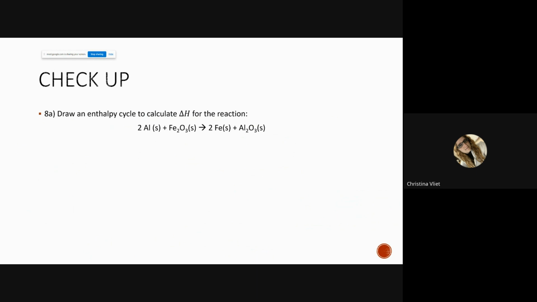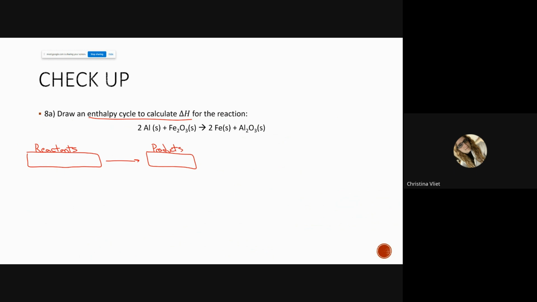All right, so let's take a look at our first checkup question. First thing to do, they ask us to draw an enthalpy cycle to calculate delta H. So there is a possibility you could be asked, it's in the objectives, to draw an enthalpy cycle. So we need to get the idea of what to do here. Remember that it's going to be reactant here. What comes after the arrow? Product. Product here.